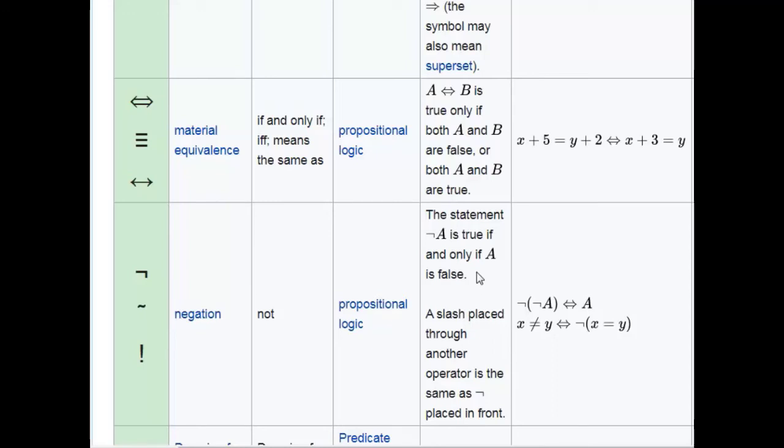So, for example, we have double negation, not not A, it is A, or X is not equal to Y, it is not X equal to Y. This is not a negation, this is the symbol "not". I think it's clear.